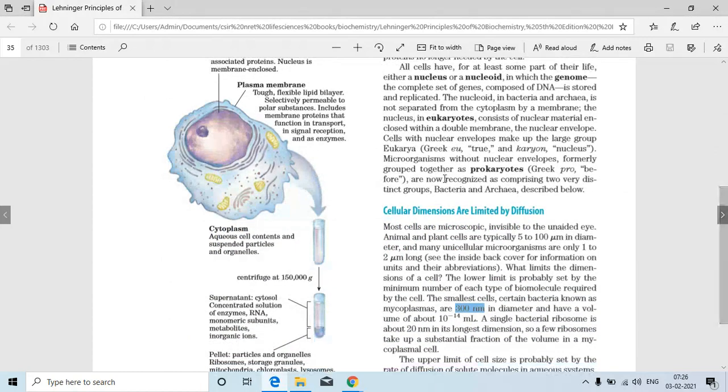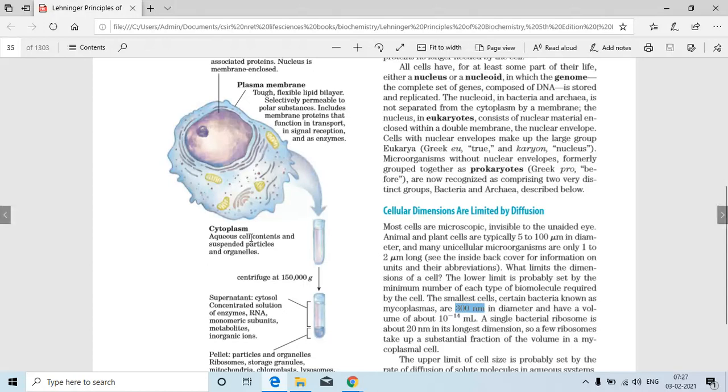Then there is the cytoplasm. Cytoplasm is present inside the cell. This cytoplasm actually consists of many suspended particles or organelles, in the form of a concentrated solution, called cytosol.